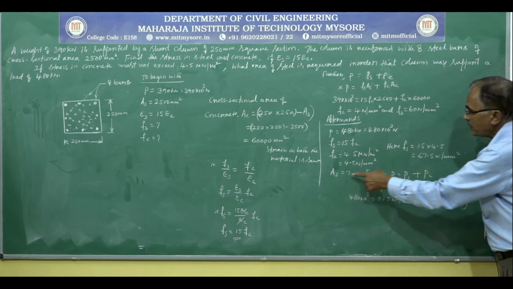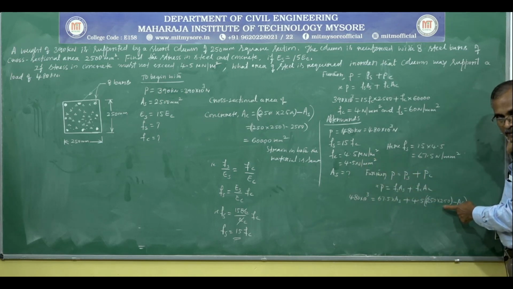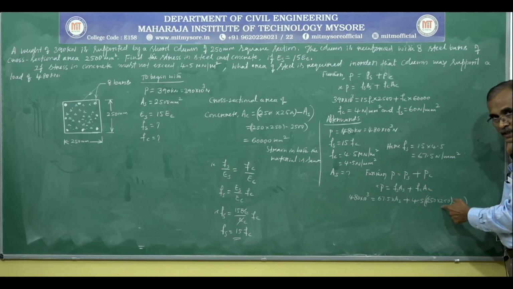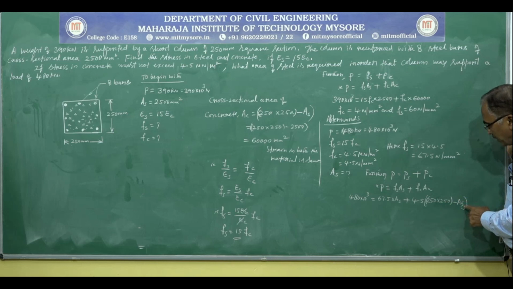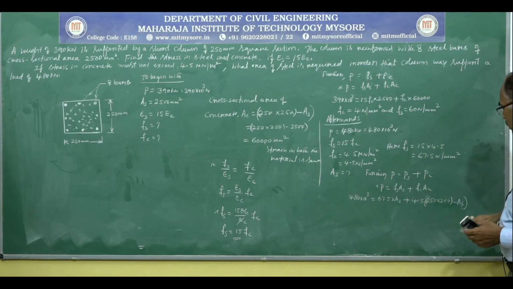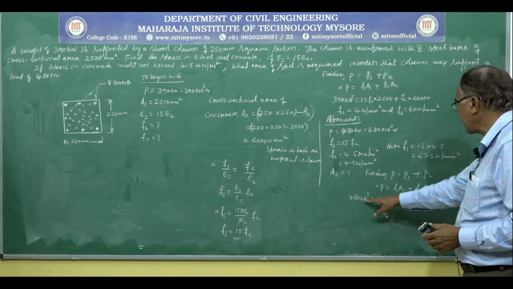So when area of steel is required, we don't know the area of concrete exactly. For that we have to write the cross sectional area of the column minus area of steel, because area of steel itself is the unknown quantity. So in this expression the only unknown is As, and we can easily calculate.